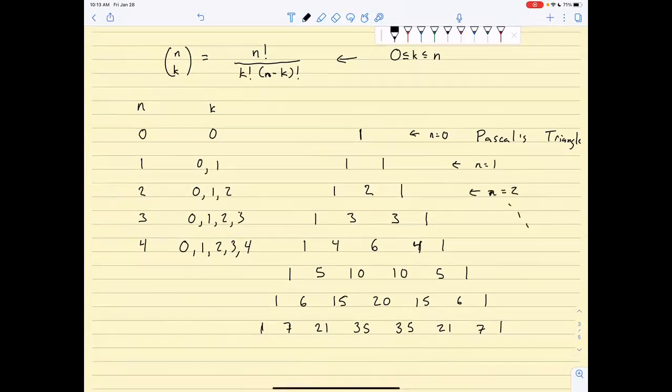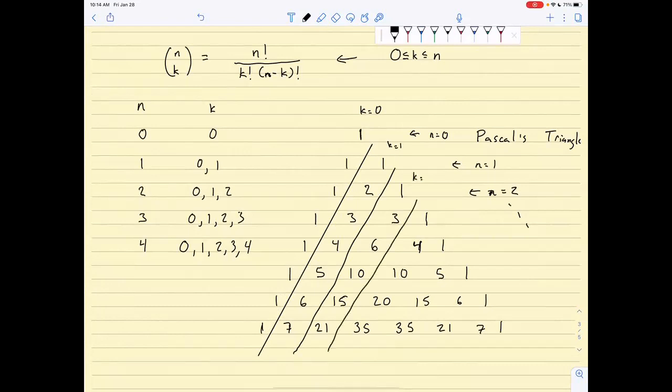And the sides, not quite columns, are given by k. So if we look at this side, this is k equaling 0. This whole bit is k equaling 1. This whole bit is k equaling 2. So the entry in the nth row with the appropriate k is n choose k.